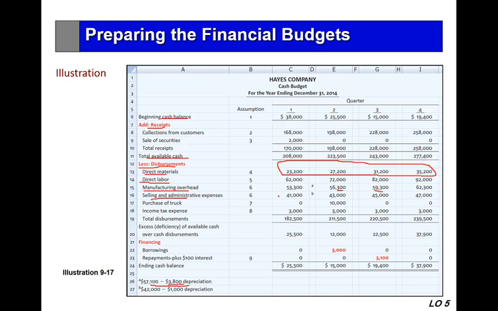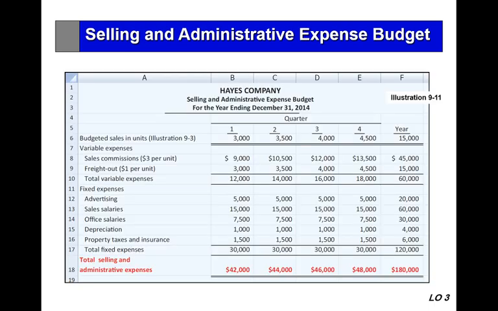And for selling and administrative, the same way. For selling and administrative, how we reach 41,000, 43,000, we go back to selling and administrative. We discussed the selling and administrative budget in the previous videos. We reach the total amount here, which is 42,000, 44,000. We must subtract the depreciation. 42,000 minus 1,000, 41,000, 44,000 minus depreciation, 1,000 every quarter.